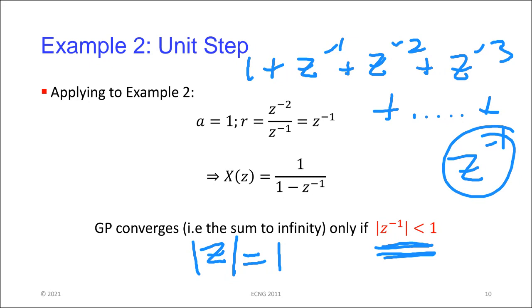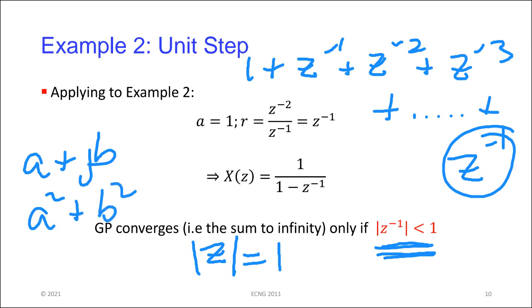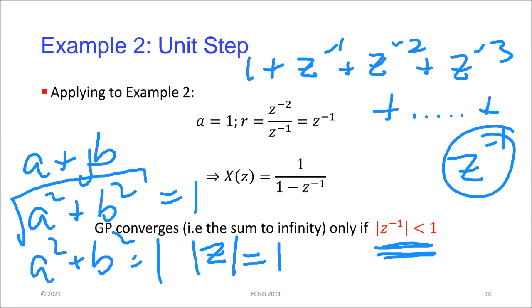Okay. Say z is some a plus jb. What's the magnitude of a complex number? It's a squared plus b squared, the square root of that. That's how you get the magnitude of it, which is equal to 1. So I can square everything: a squared plus b squared equal to 1.